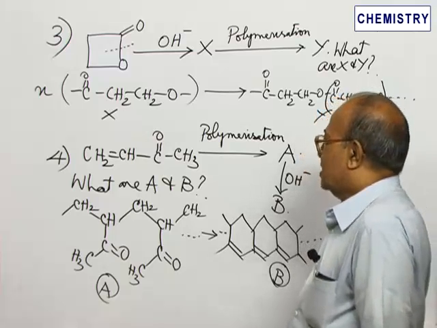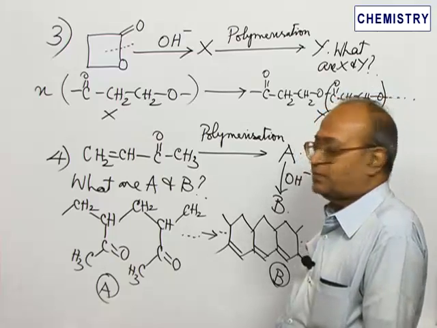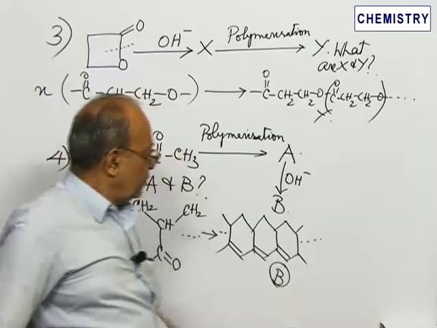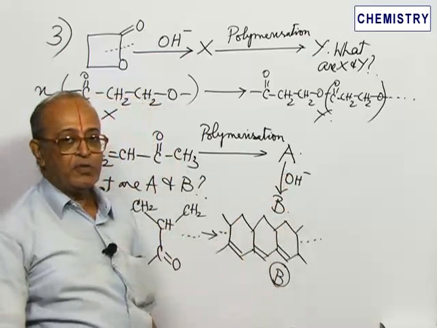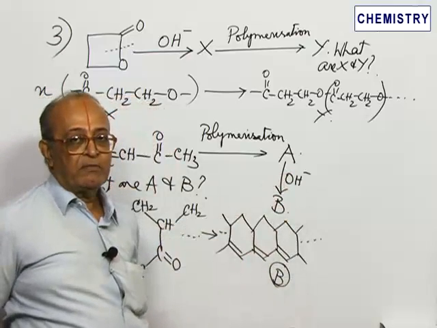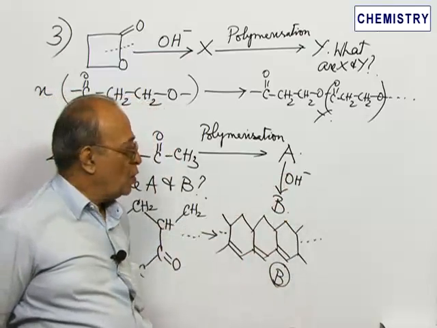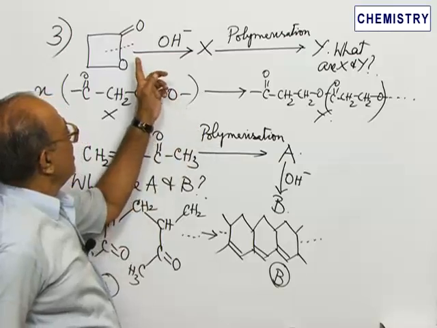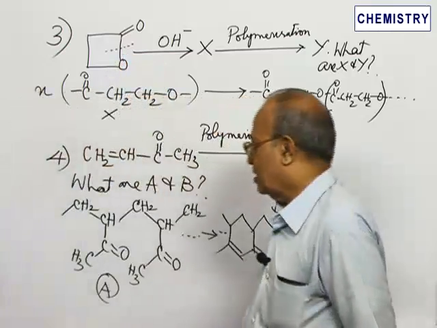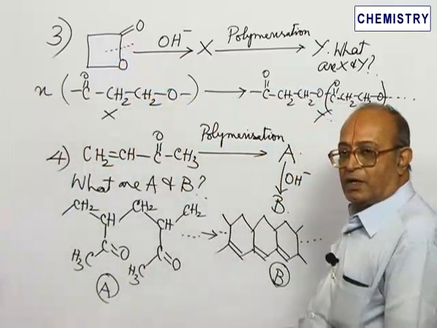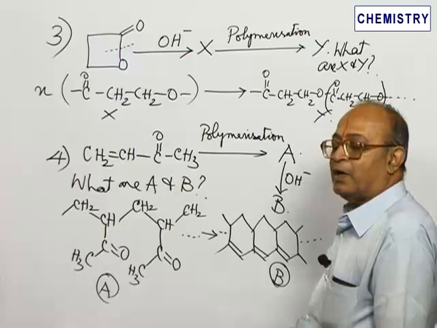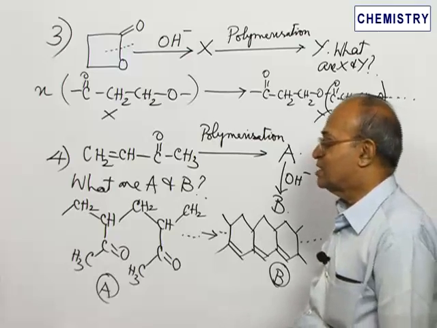It gives A, but this A in presence of OH minus forms B. So, here in question 3 the ring gets ruptured, and in this problem, there is closure to form a ring structure.